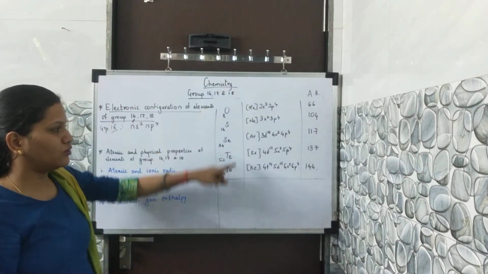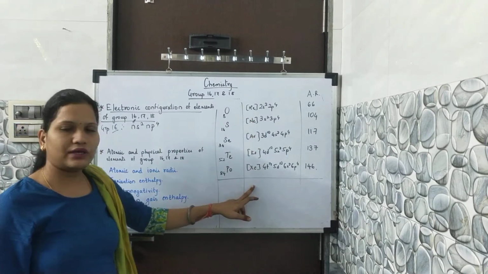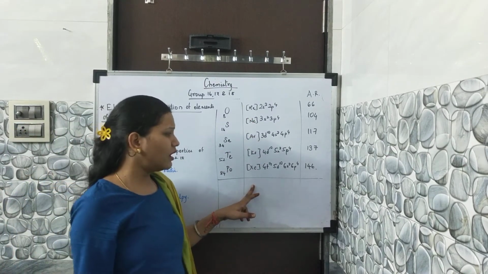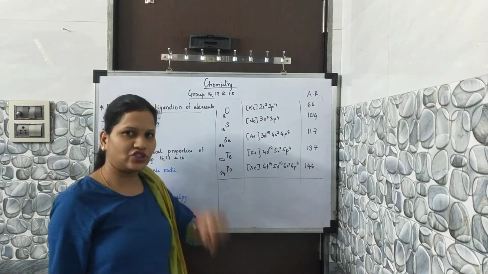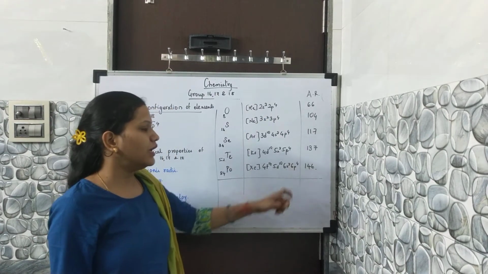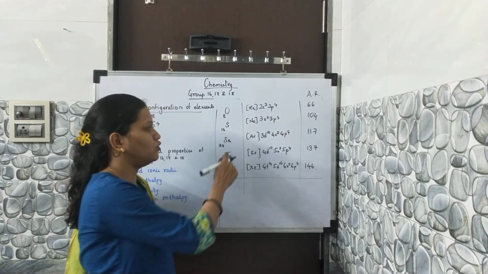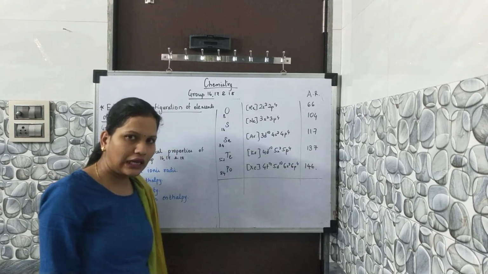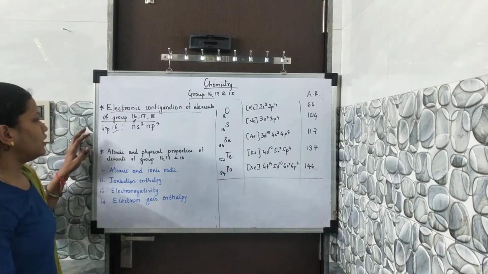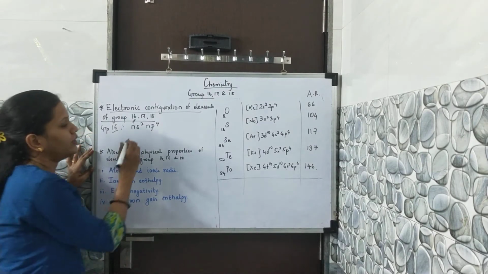If you know the atomic number, you can go to the previous noble gas and increase the shell number by one, and you automatically get the electronic configuration, provided you have studied it in 11th standard. Additionally, there are d and f for the inner shells. So for group 16, it is ns2 np4.